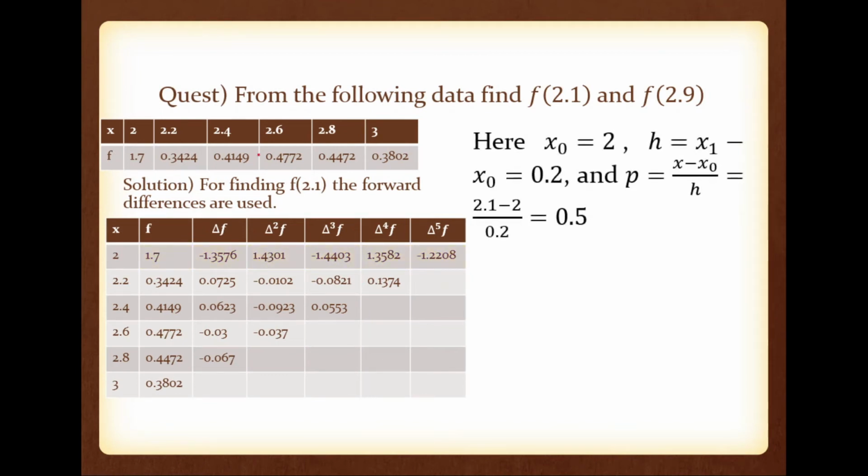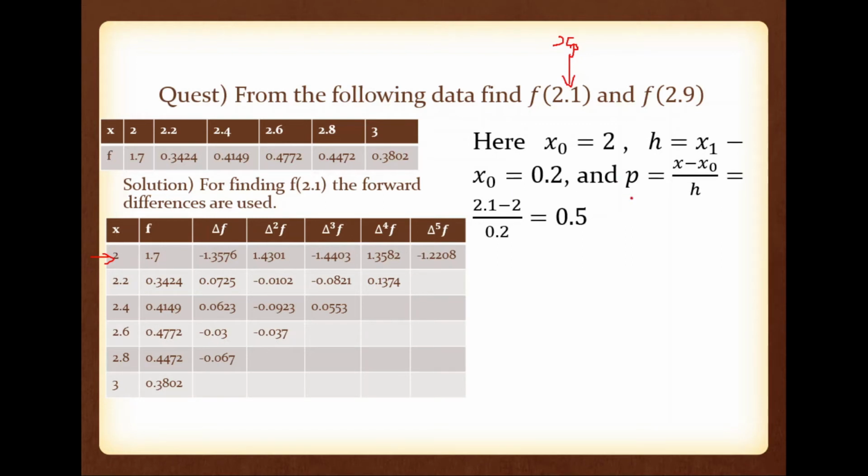So here the given point is 2.1. So xp is equal to 2.1. Now here this first data is taken as x0, so x0 equal to 2. h is equal to the difference between the adjacent data, so x1 minus x0, that is 2.2 minus 2, is 0.2.